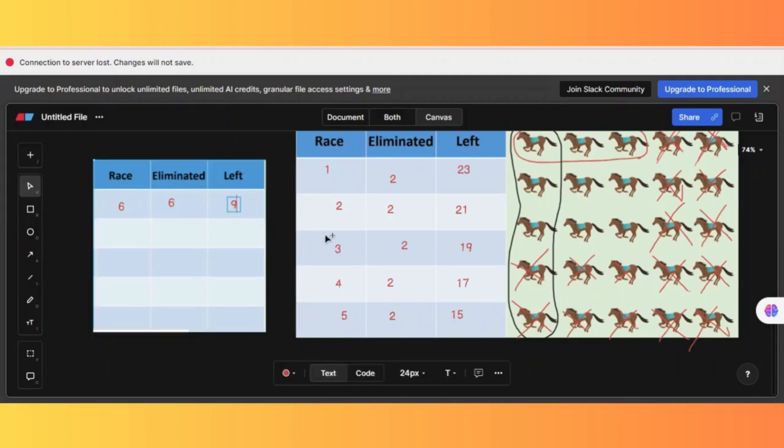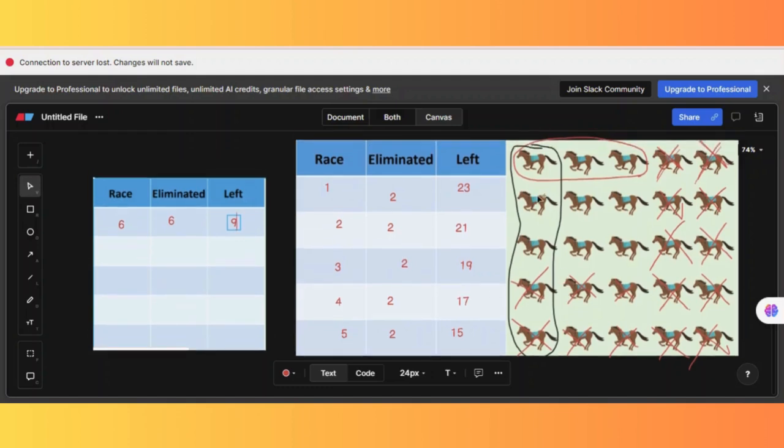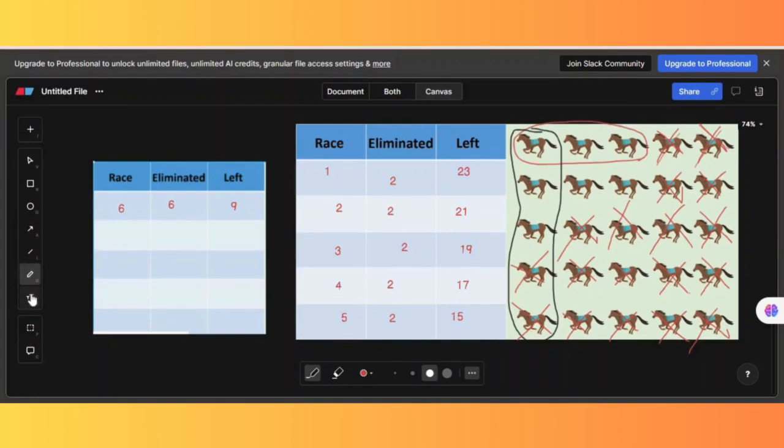After doing this, if this is first, second, third, and if I move forward, these are the fourth or fifth position horses. So I am pretty sure that we can remove them also. I have eliminated two more, and only seven horses are left right now.